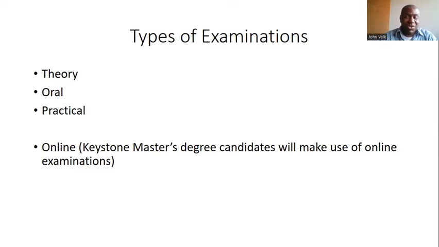The oral examination is one where the student is asked questions and is supposed to provide answers to the examiners in person. So you are interviewed and you provide answers, and then your answers are graded.